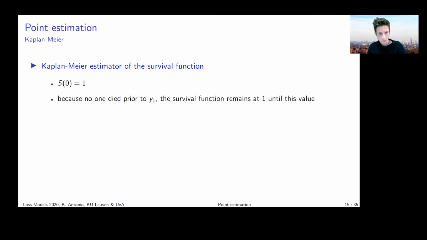Now, the first actual observation that we're going to see is denoted with y1, right? The y's are the unique values of the event of interest that we observe. So the first outcome that we see is y1. That means our survival function is going to stay at 1 until we arrive at the point y1, right?